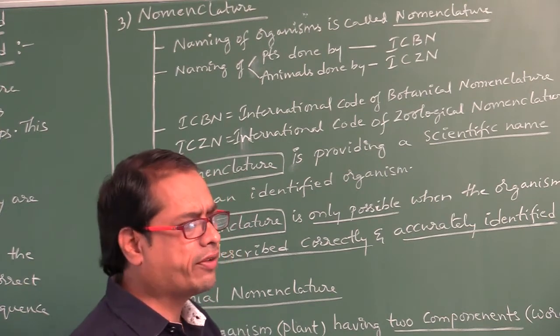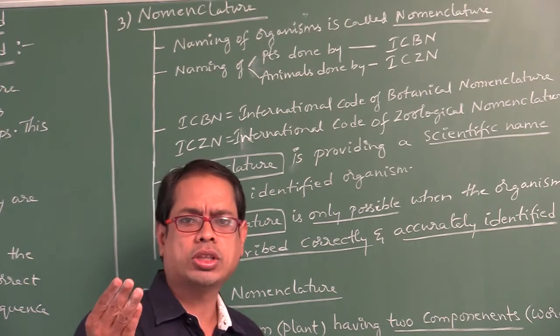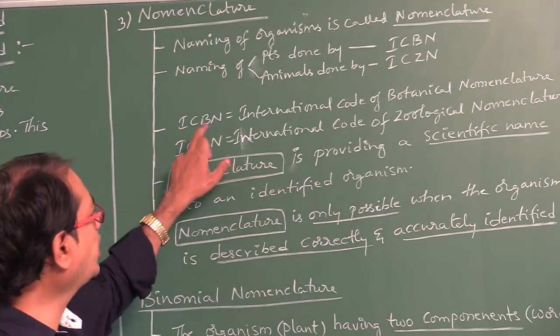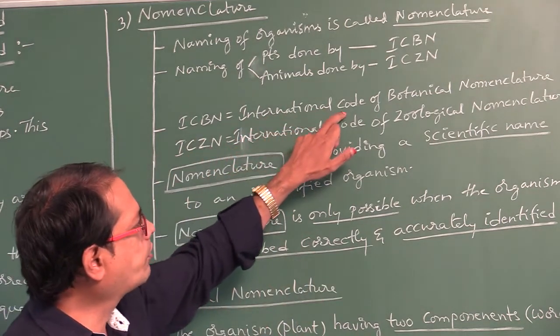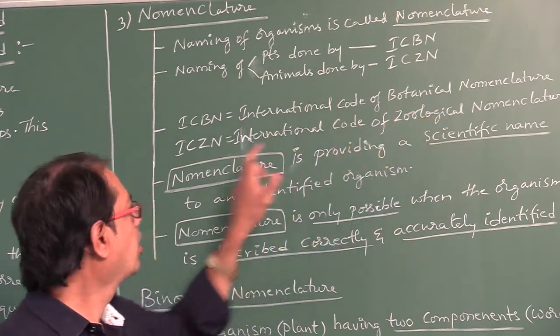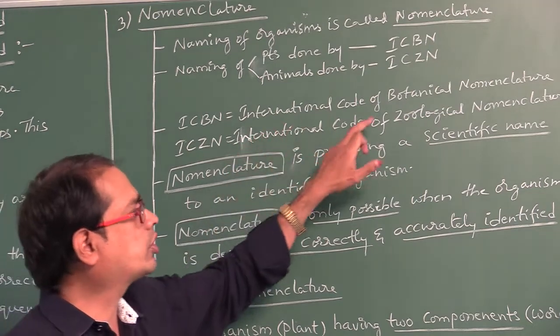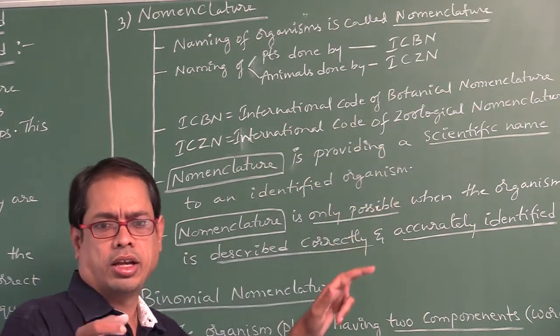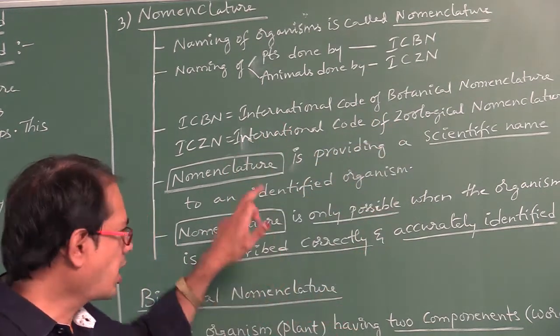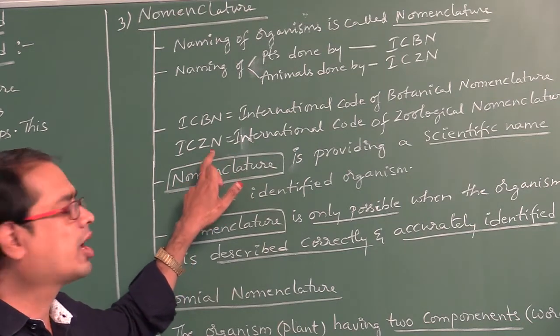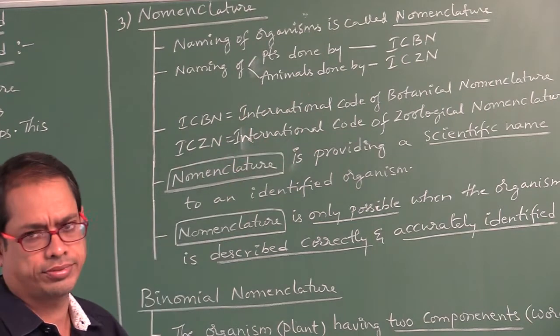So the scientific name is given by ICBN and ICZN. ICBN full form is International Code of Botanical Nomenclature. ICZN means International Code of Zoological Nomenclature. For naming of animals ICZN is needed. For naming of plants ICBN is used.